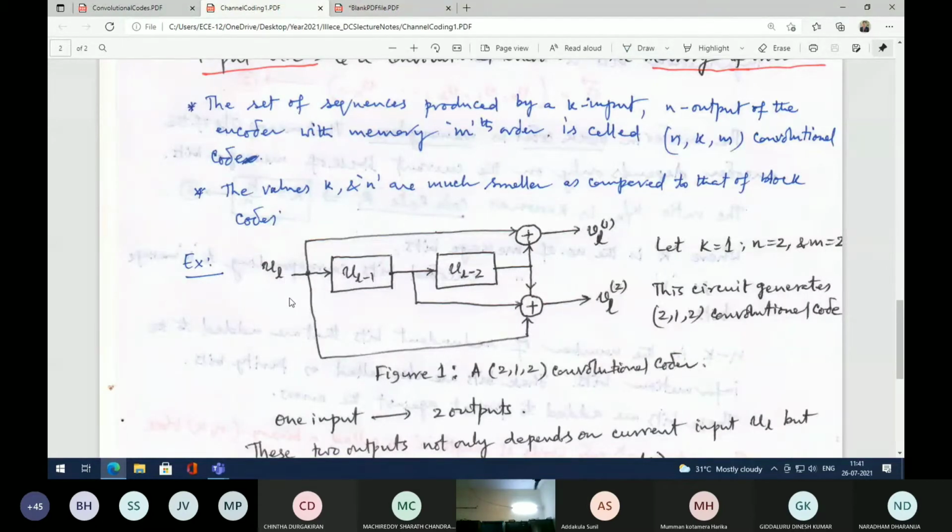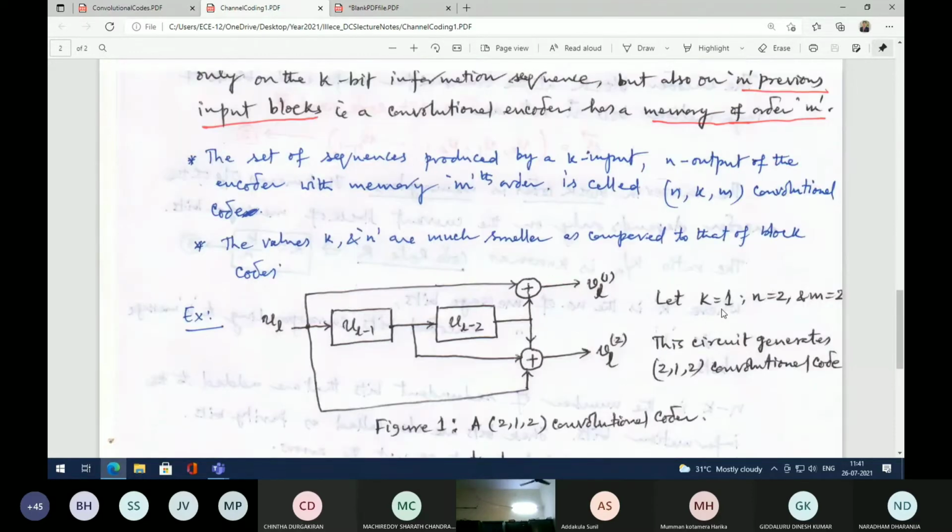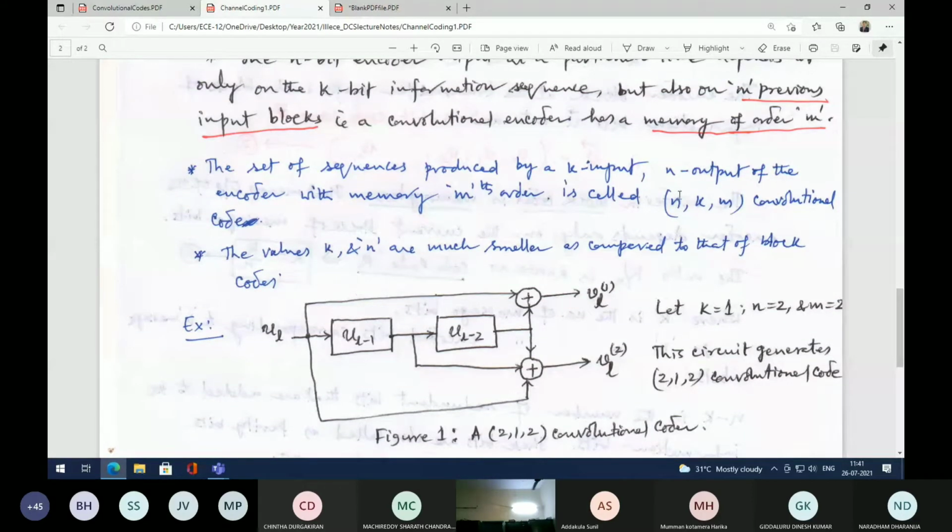At the Lth time instant, when I apply a bit, since it has got a memory, how much is the memory here? What is this N? N is the number of outputs. For a given input bit, you have got 2 outputs.